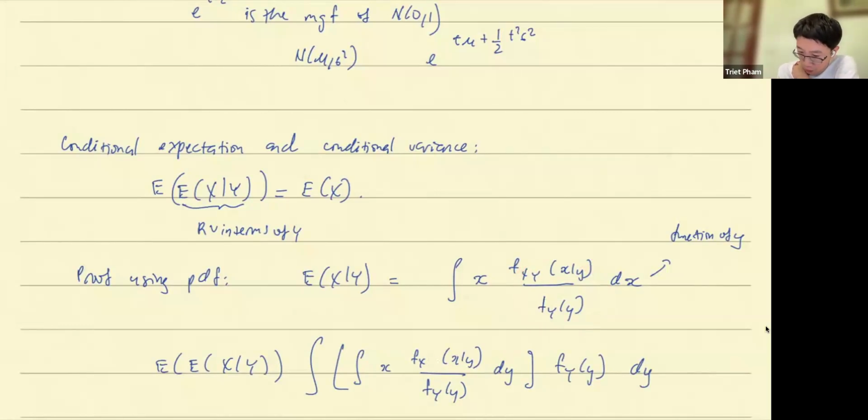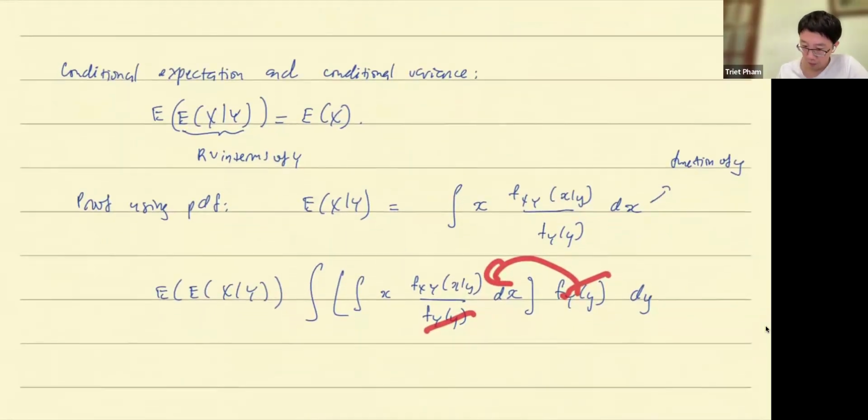And you see that if you look at this integral, it can be brought in, because it's a constant in terms of x. So it can be brought in and then cancel.